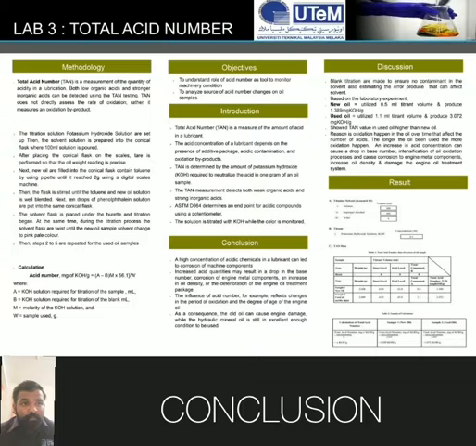Besides that, the increased acid quantities may result in a drop in the base number, corrosion of engine metal components, an increase in oil density or the deterioration of the engine oil treatment package. Other than that, the acid number reflects changes in the period of oxidation and the degree of age of the engine oil.